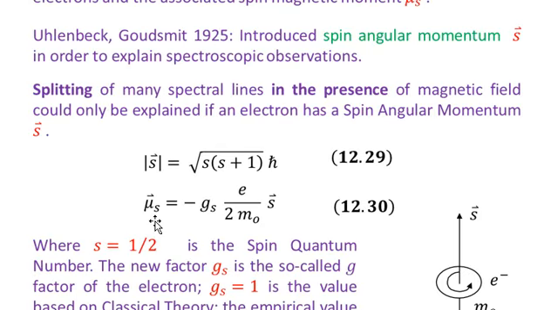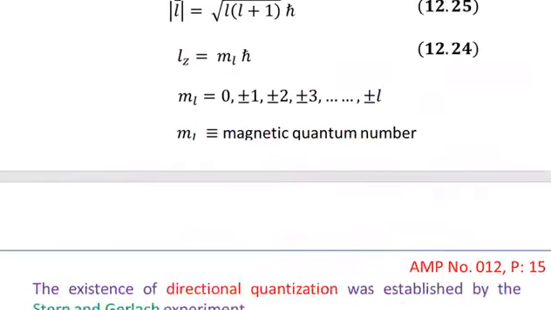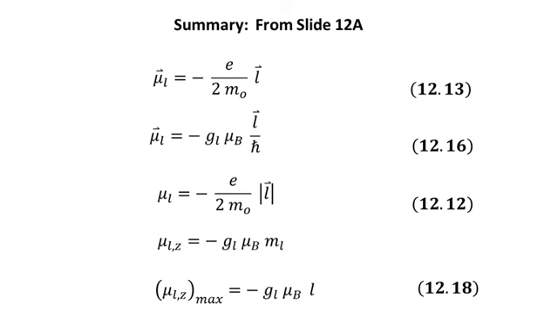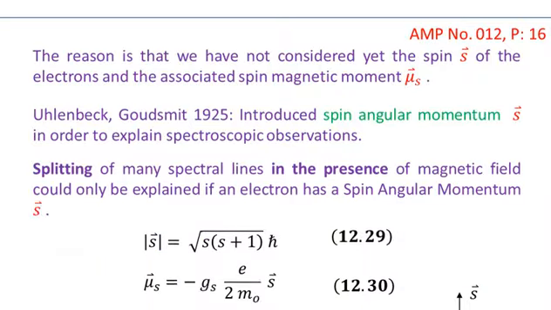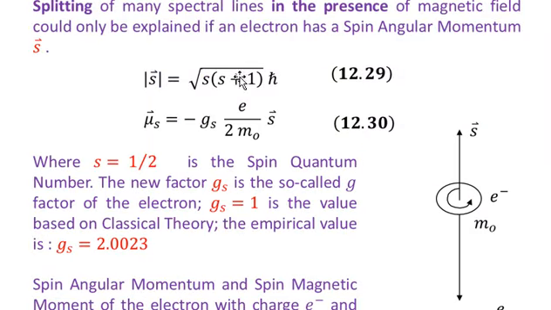And the spin magnetic moment similarly has a relation: mu s is equal to minus gs into e over 2 m naught multiplied by the vector s. These two relationships are exactly the same as written for the case of orbital quantities. So, generalizing the concept of the orbital quantities for the spin quantities, we have these two relationships.